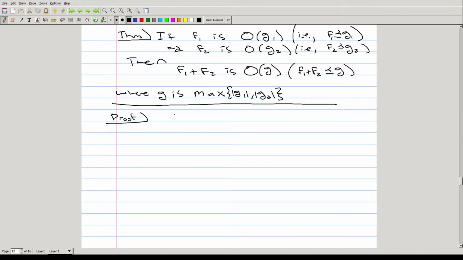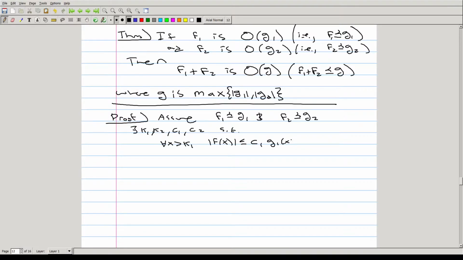So we start the proof by assuming that f1 is bounded above by g1 and f2 is bounded above by g2, in which case we know that there exist k1, k2, c1, c2, such that for all x greater than k1, we have that absolute value of f1 of x is less than or equal to c1 times absolute value of g1 of x, and for all x greater than k2, we have that absolute value of f2 of x is less than or equal to c2 times g2 of x.